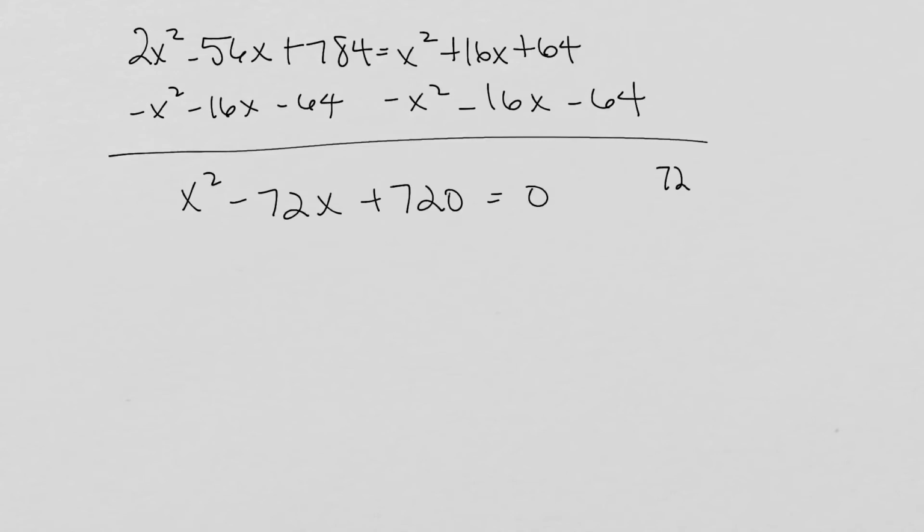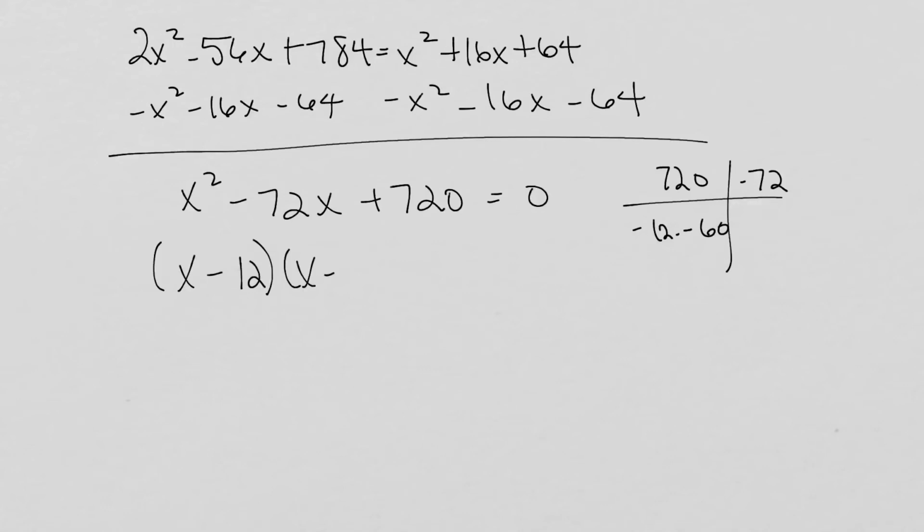So two things, when I multiply them, give me 720. Add them, give me negative 72. So that is going to be negative 12 and negative 60. So this factors into X minus 12 times X minus 60 equaling 0.